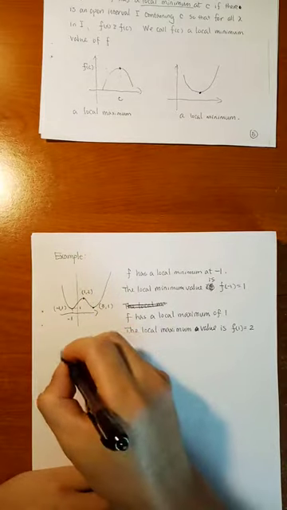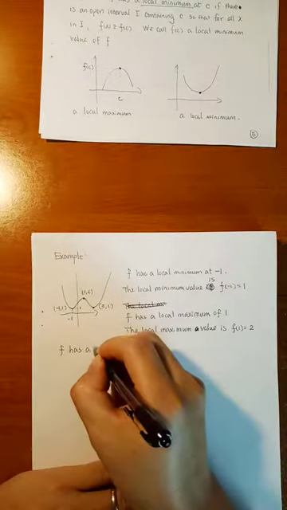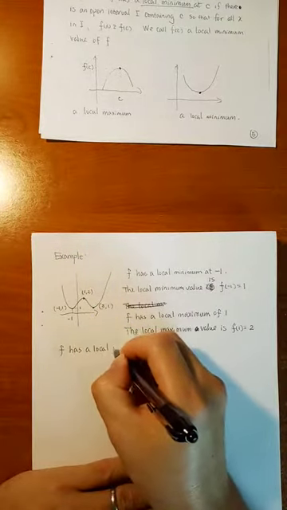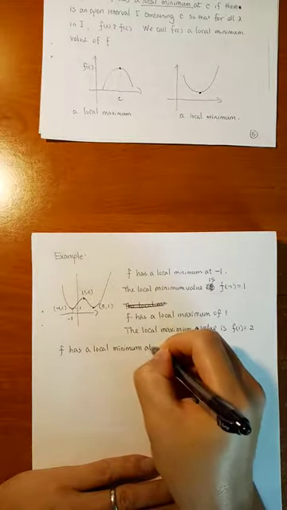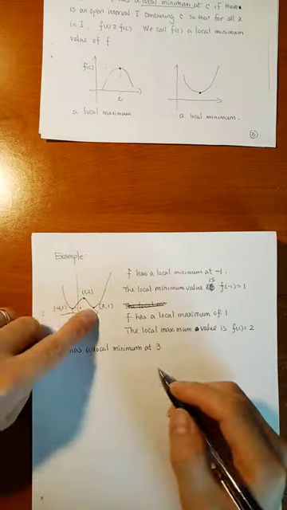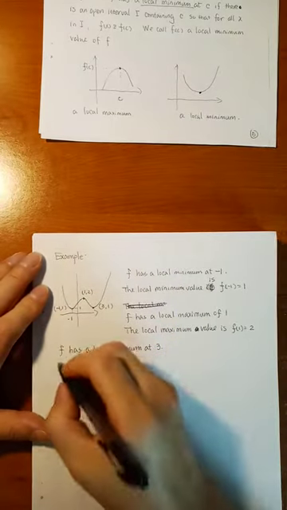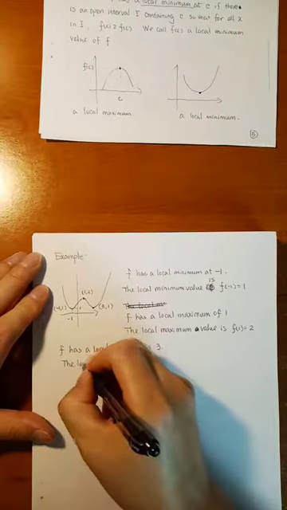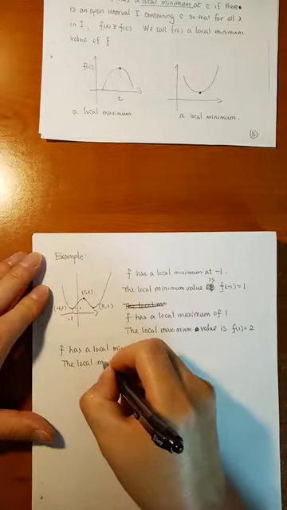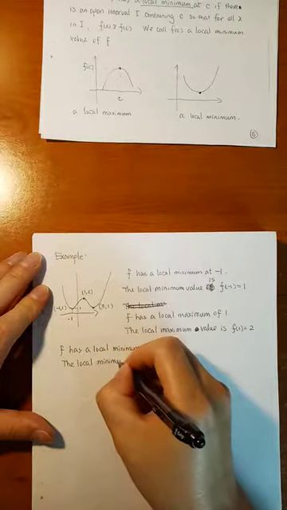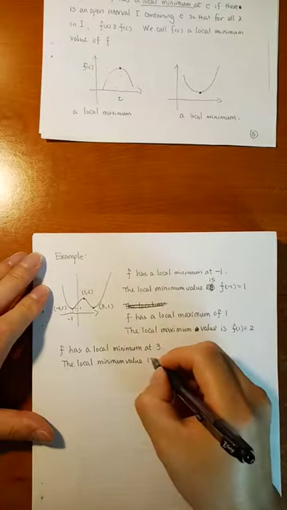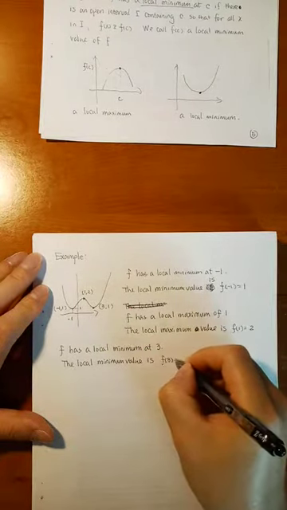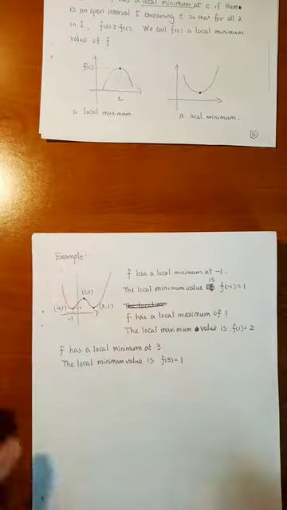And at 3, f has a local minimum at 3. It's the lowest point. The local minimum value is f of 3. f of 3 is equal to 1.